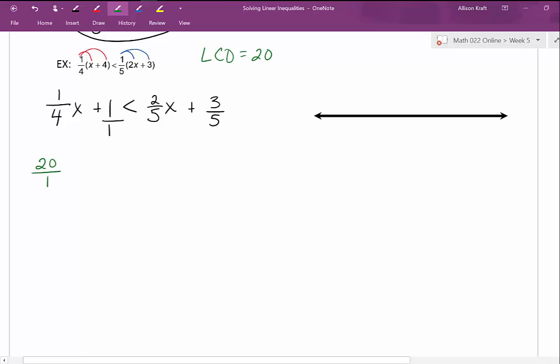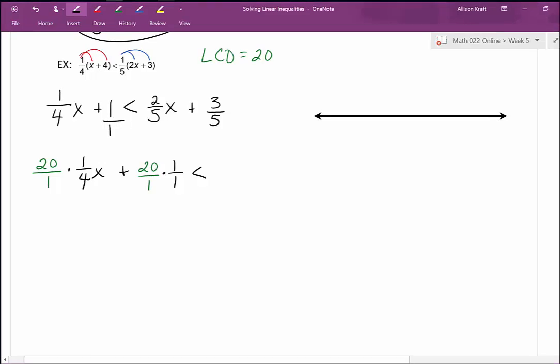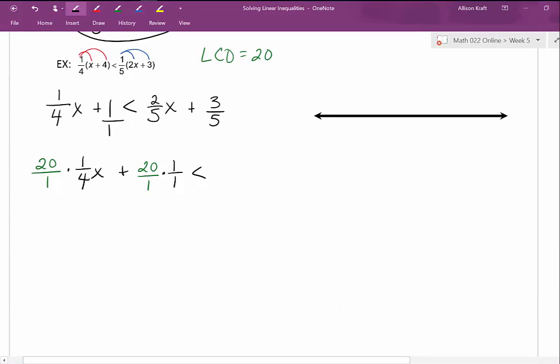So we're going to have 20 over 1 times 1/4 x plus 20 over 1 times 1 over 1. 20 over 1 times 2/5 x plus 20 over 1 times 3/5.